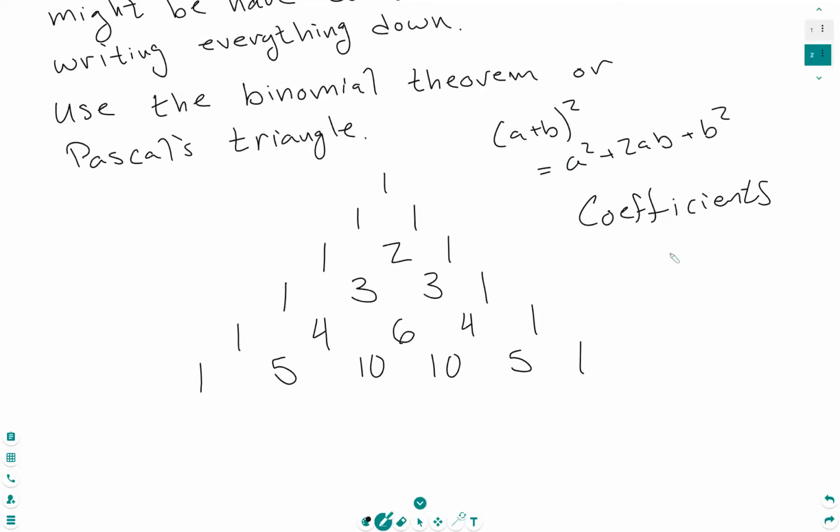Those are the coefficients that line up. If you have (a plus b) cubed, you go down to the next row. This is a cubed plus 3 times a squared times b plus 3 a b squared plus b cubed.